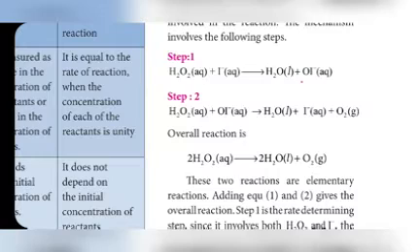Overall reaction is H2O2, hydrogen peroxide, which will convert into water and O2. This reaction takes place in two steps. In the first step, one molecule of hydrogen peroxide reacts with I minus. That I minus takes one oxygen, so OI minus is formed. After losing one oxygen, the remaining water molecule is there, so one water molecule is obtained.